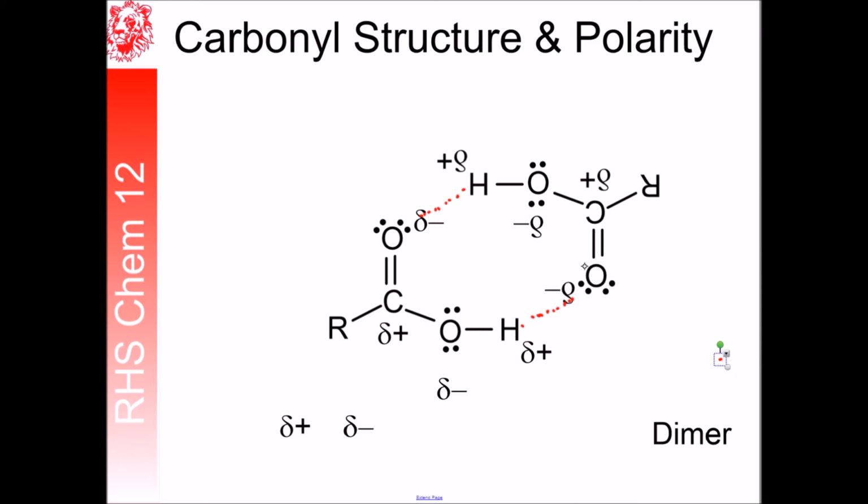And so the carbonyl of one acid could be attracted to the H of the hydroxy group, and over here the hydroxy group's H plus could be attracted to the carbonyl.